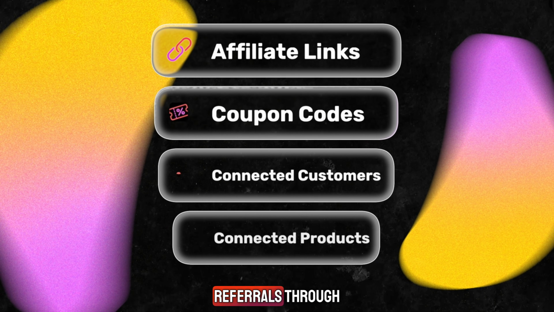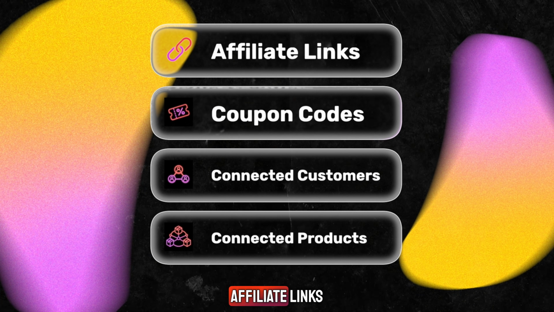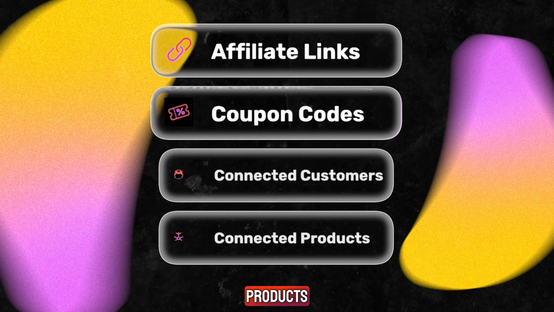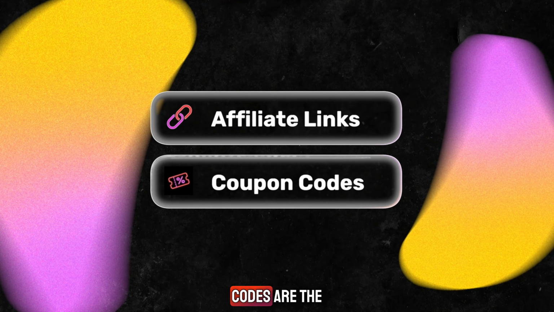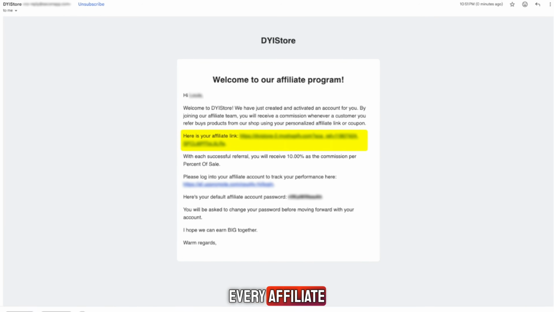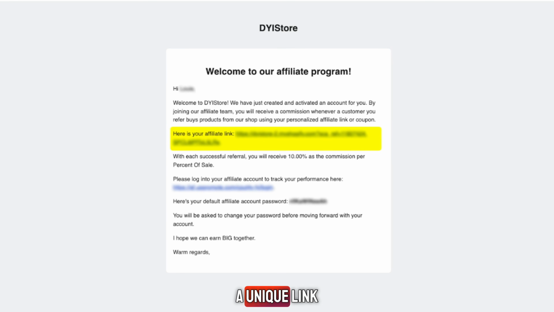UpPromote tracks referrals through 4 main methods: affiliate links, coupon codes, connected customers, and connected products. But affiliate links and coupon codes are the most common, so those are the 2 we will focus on. Every affiliate or influencer you approve gets a unique link and a personal coupon code. When someone clicks that link, UpPromote saves a cookie, so even if the customer comes back and buys a few days later, the sale is still credited to the right creator.